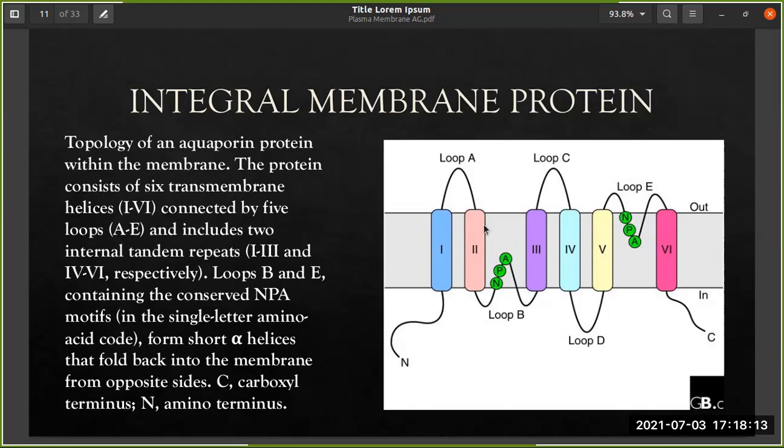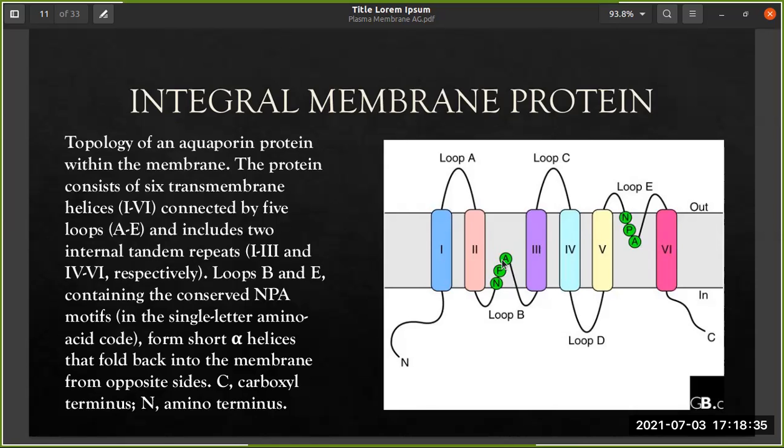So you have these membrane-spanning domains, then you have loops coming out, then you have these amino acids. These are hydrophilic, that is, they love water. The amino acids present in this protein like water very much. This whole region is hydrophobic, so it will not allow water to pass.